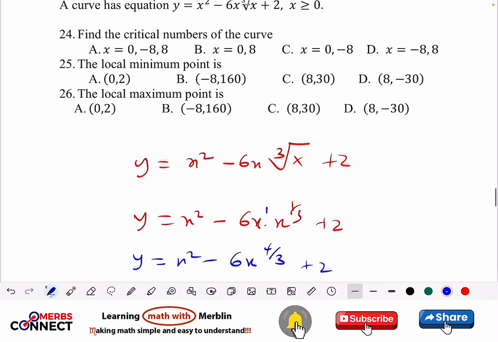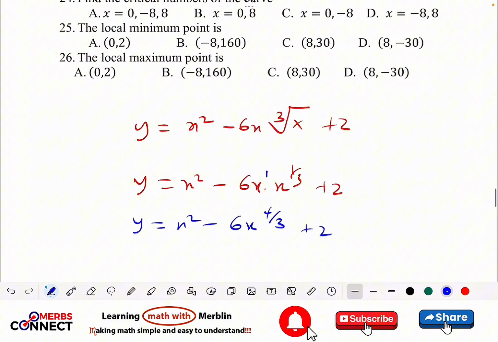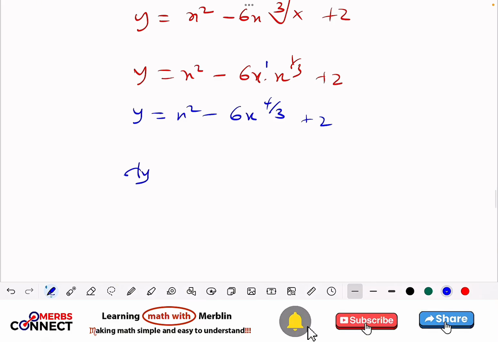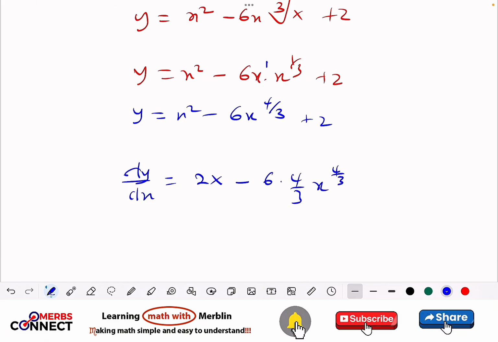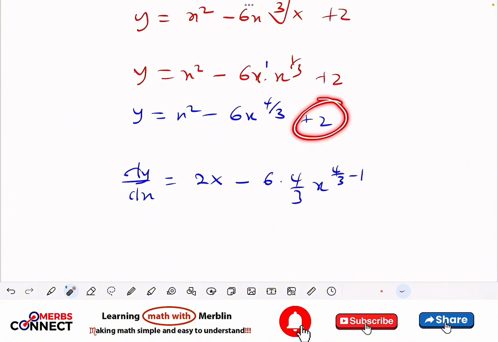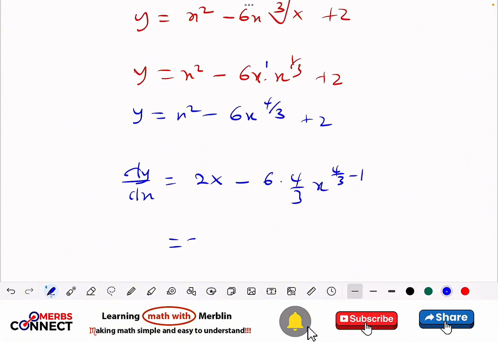So since we want to find the critical values, we need to differentiate this. So dy over dx will be equal to 2x minus 6 times 4 on 3 x to the power 4 on 3 minus 1. I differentiate this and this one gets to 0. So 2x, and then this is going to be minus 8x to the power 1 over 3.